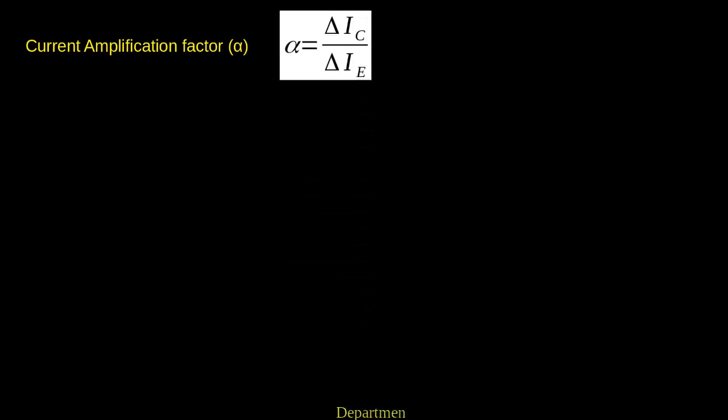Thus the ratio of change of collector current to emitter current at a constant collector base voltage is known as the current amplification factor of the transistor in common base configuration, and it is represented by alpha. So alpha is equal to delta IC by delta IE.